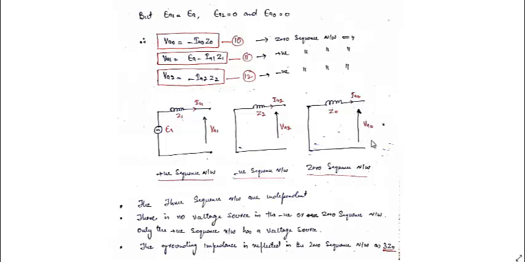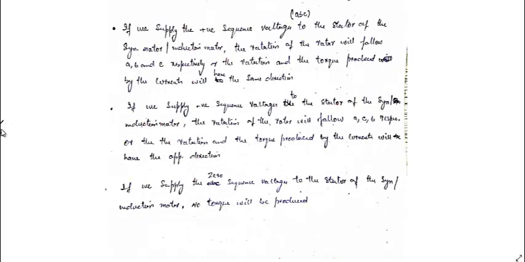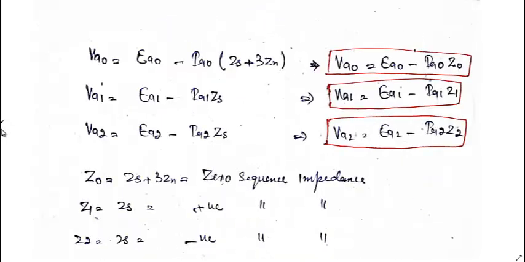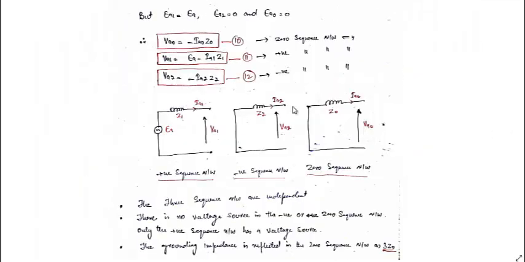Here I have not shown you the effect of Zn, that is the neutral impedance. Z0 is here, and the neutral impedance is included in this. So Z0 is not only Zs, it will be equal to Zs plus 3 times Zn; Zn is actually included in this Z0.